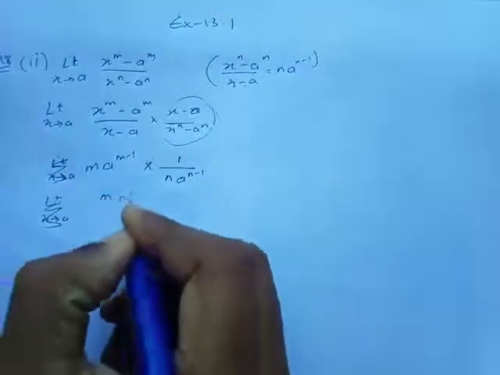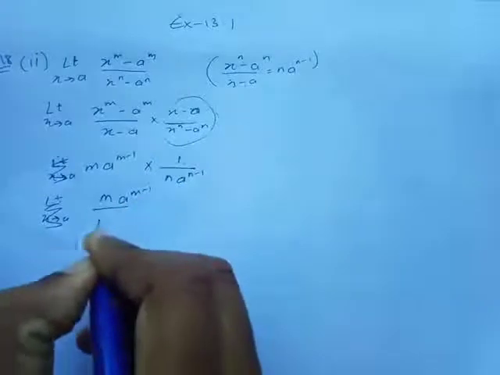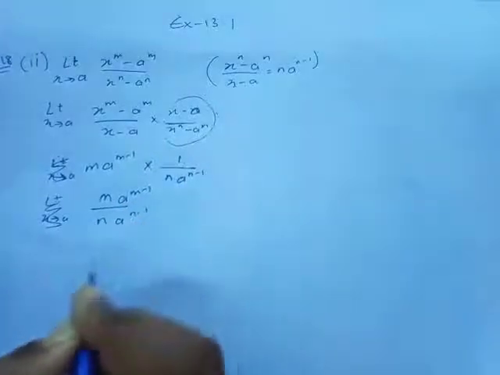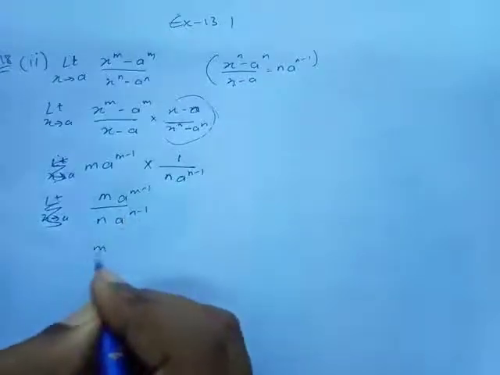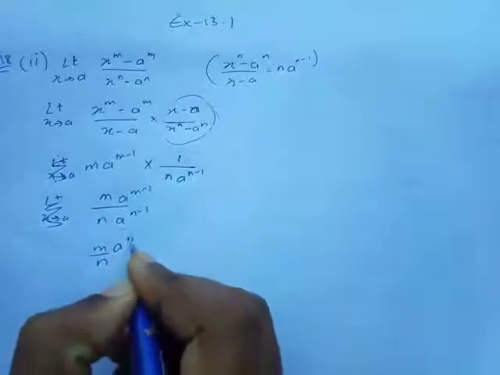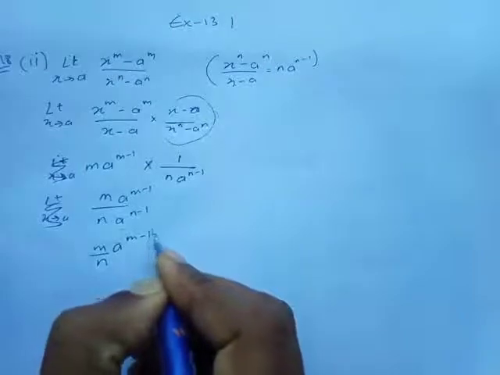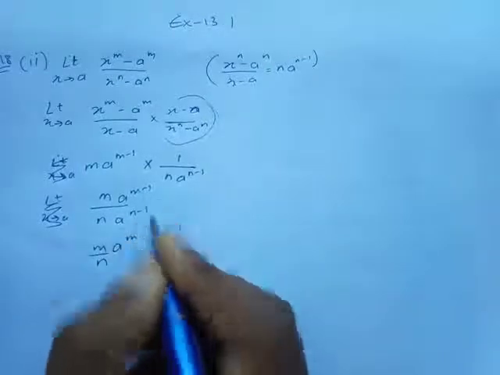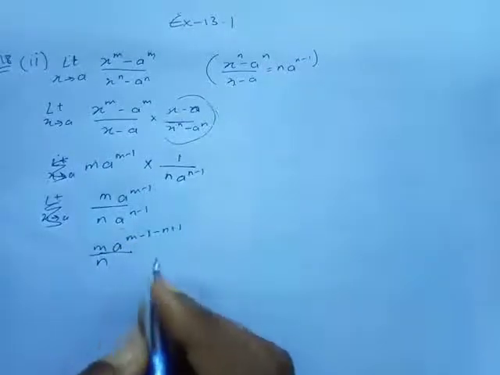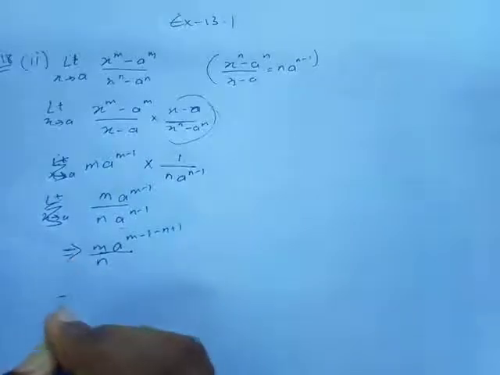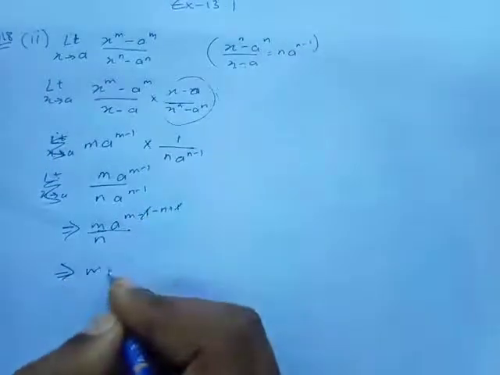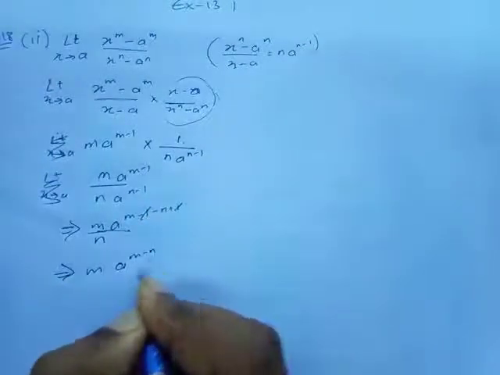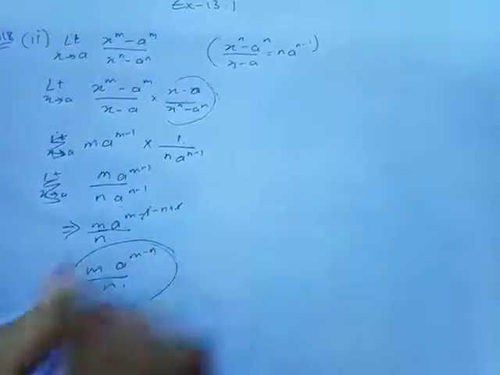So m a to the power m minus 1 upon n a to the power n minus 1, these both have the same base, so the powers are going to get subtracted. m minus 1 minus n plus 1, this goes on top and gets subtracted. So that is how it's going to happen. Equals m, 1 and 1 get cancelled, m a to the power m minus n upon n. So this is my answer.